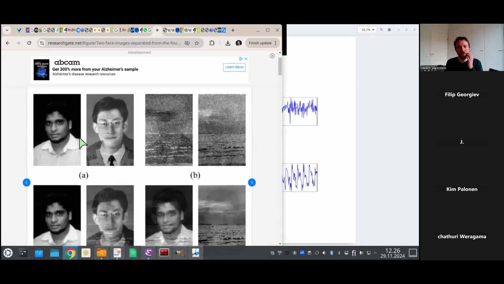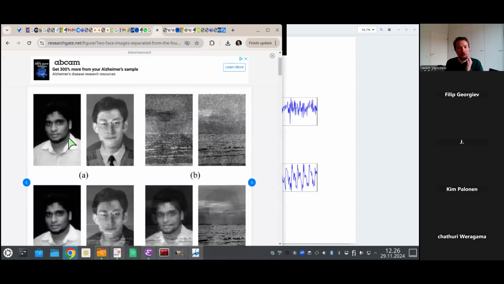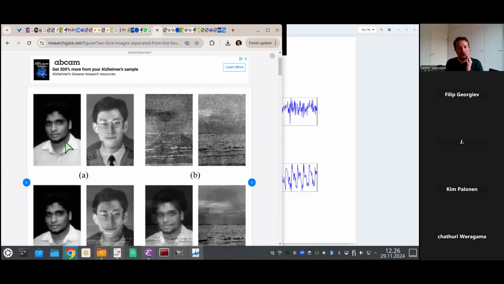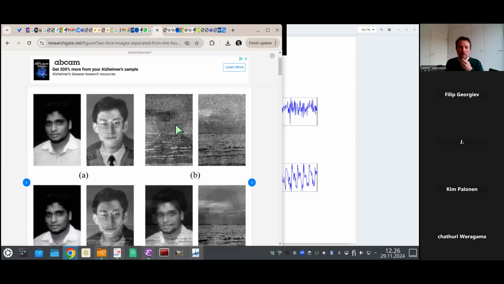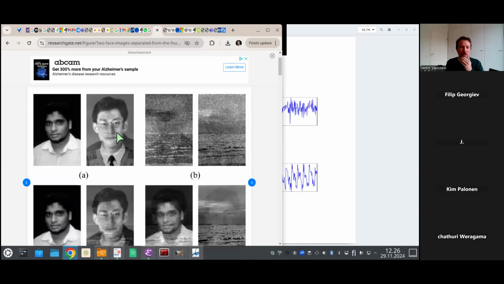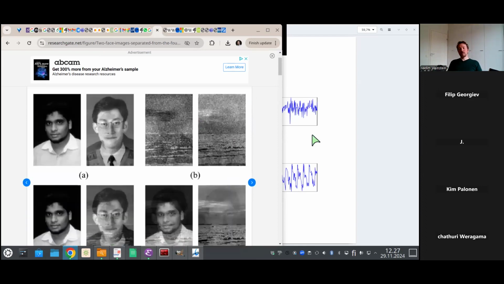Okay, so here we have pictures, and okay, I don't know. Looks like something is going on here. So that's pictures of faces. Ah, yeah, here. Okay, like this. You get the idea. So you mix pictures, and then you can reconstruct them back.